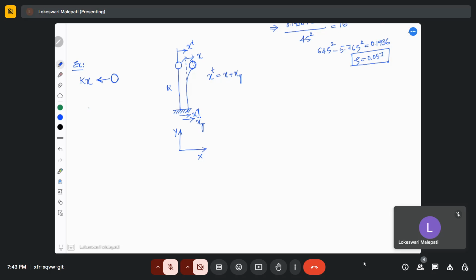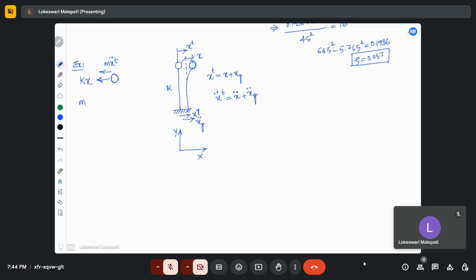Okay, and also we have the total acceleration, m xt double dot, and xt double dot would be x double dot plus xg double dot, which is the ground acceleration. We have to consider the total acceleration of this mass with respect to some frame.